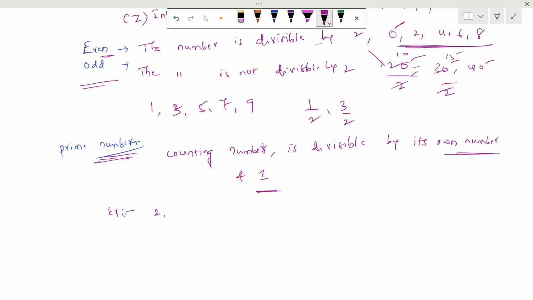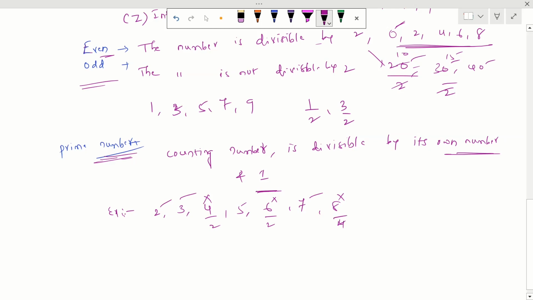Take 2. It is only divisible by its own number and 1, so it is a prime number. 3 is only divisible by 1 and 3, so it is a prime number. 4 is not a prime number because it is divisible by 2. 5 is a prime number. 6 is not a prime number because it is divisible by 2. 7 is a prime number. 8 is not a prime number, it is divisible by 2 and also 4.